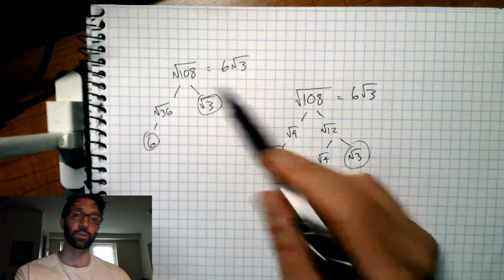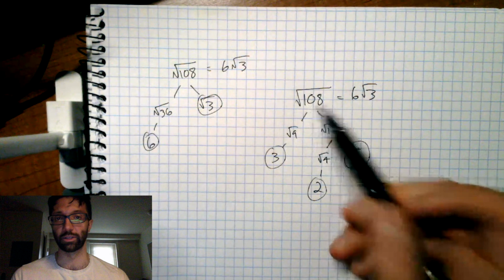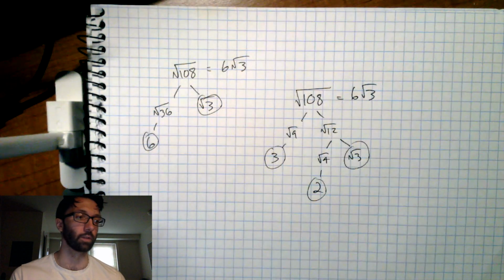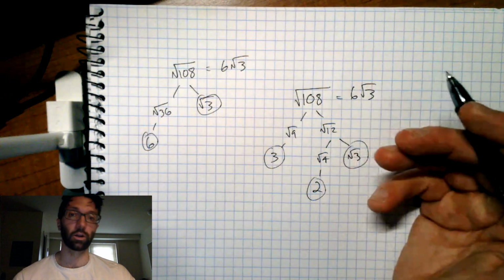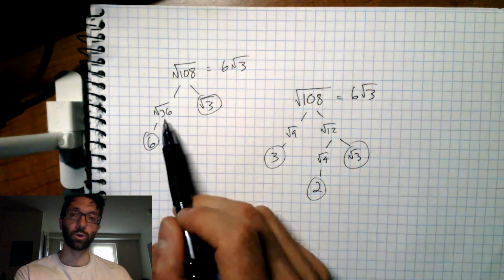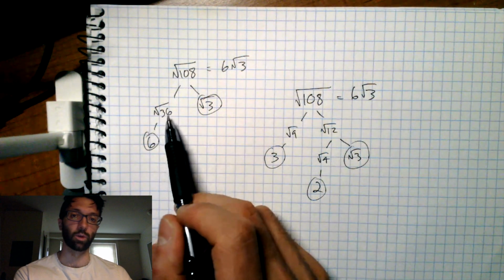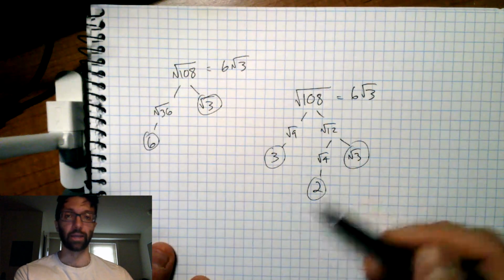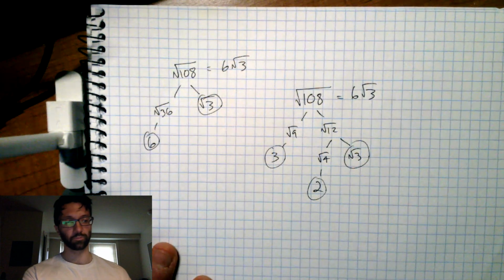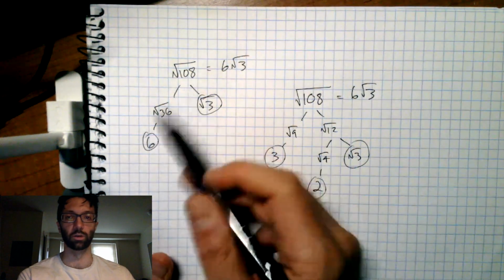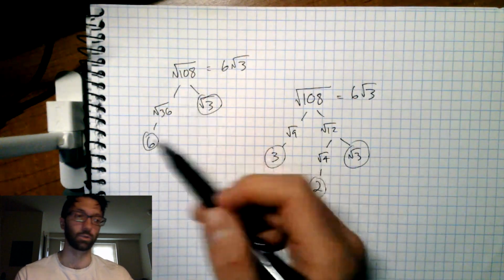And the larger your number gets, so this is 108, which is a relatively low number. If you're trying to simplify the square root of a very, very large number, and you don't identify the largest perfect square that goes into that number, you're going to end up with a lot of branches. And again, it's not impossible to do, but it turns out that this is a way more efficient and faster way to do these.